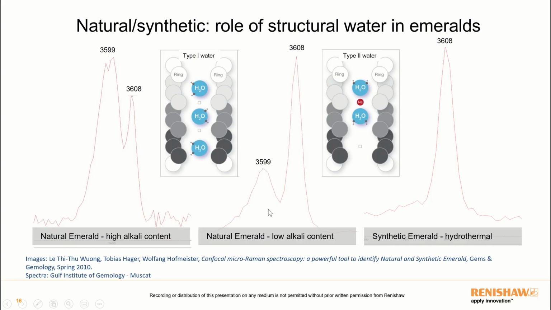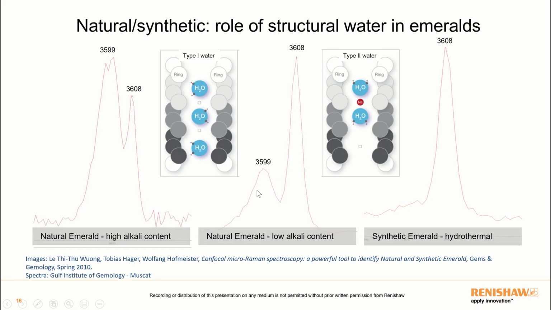In natural emeralds, instead, some concentration of these elements is expected, and this gives rise to two bands in the OH stretching region, and moreover, the concentration of these alkali elements can cause the inversion of the intensity of these two bands.